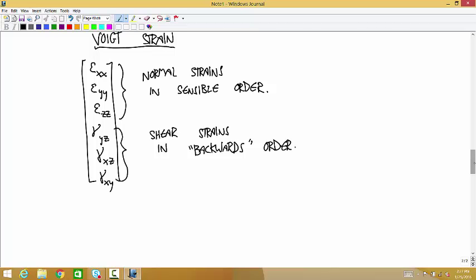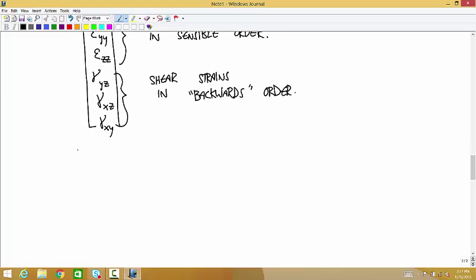Okay, so from the example above, give the Voigt strain for the previous example.